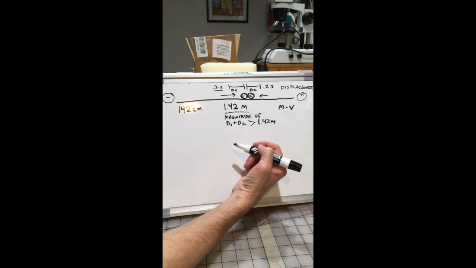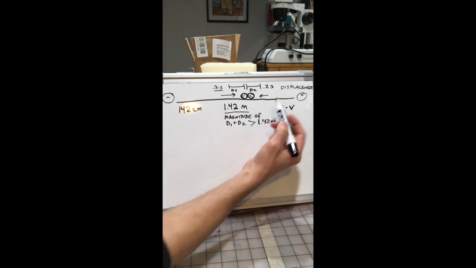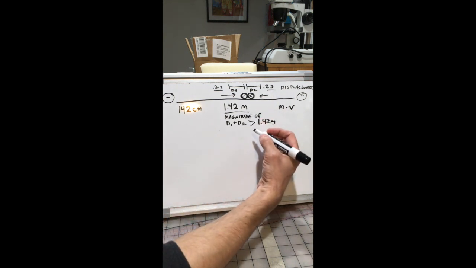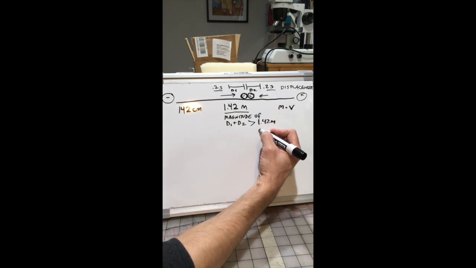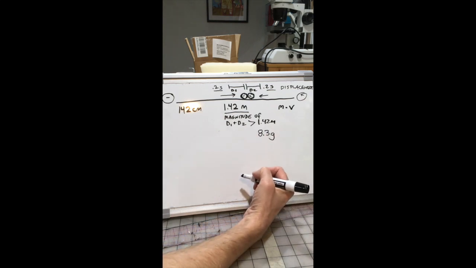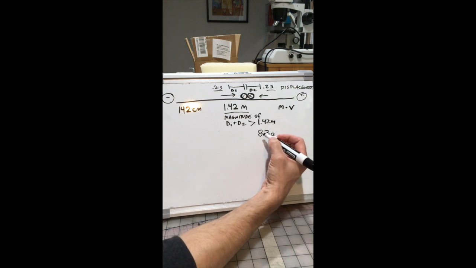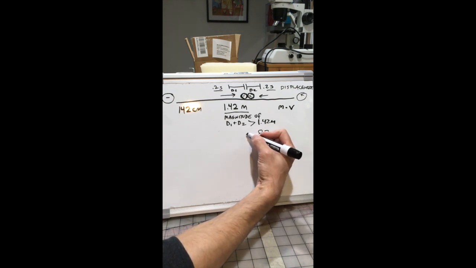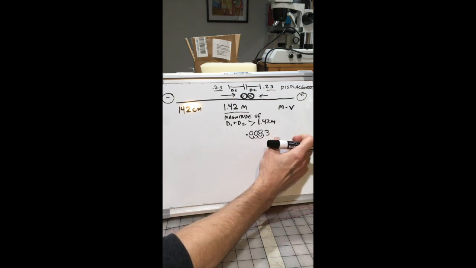Then, of course, displacement divided by time is going to give you the two velocities. And we have the mass of the marble is 8.3 grams. If you want a proper momentum number, you're going to have to convert this to kilograms, so that would be 0.0083 kilograms.